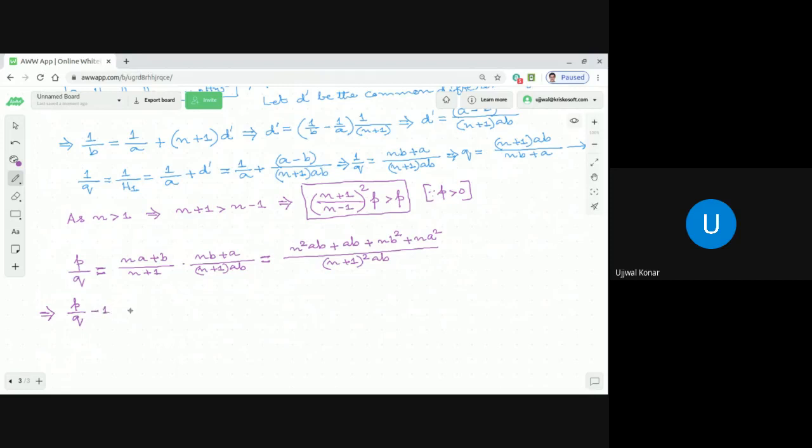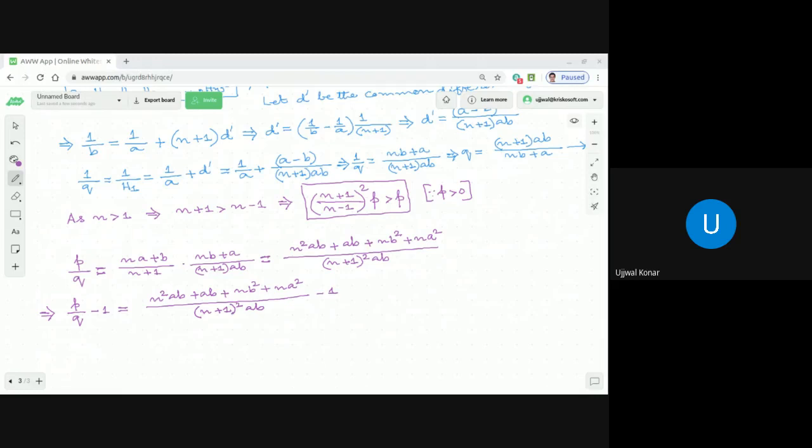So that is equal to (n square ab plus ab plus n into b square plus n into a square) divided by ((n plus 1) whole square into ab), minus 1. And what is the justification I gave? I gave the justification because this will help us to find the relationship.